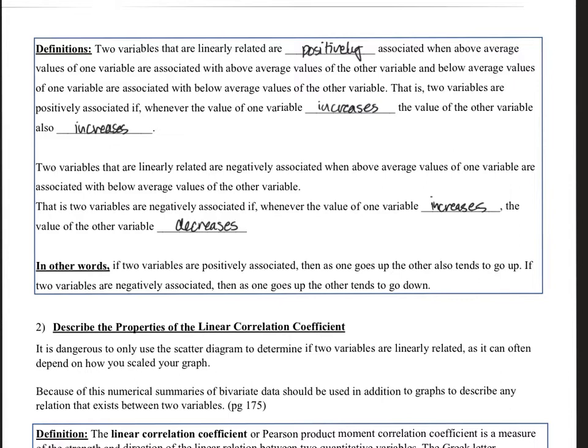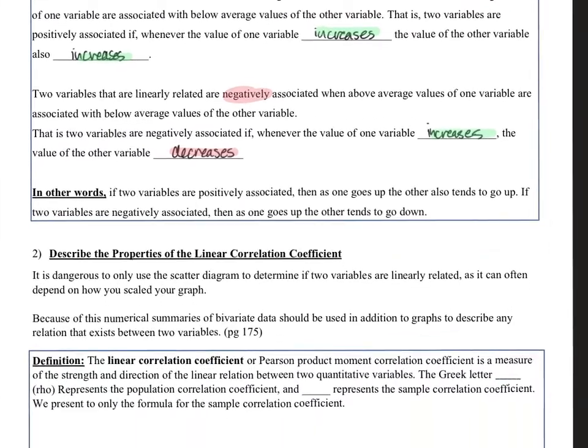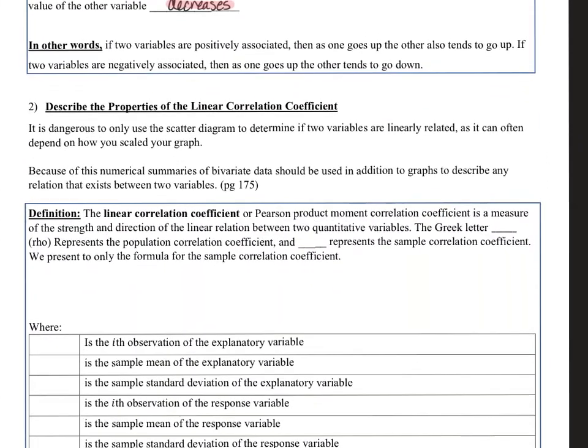Okay, so for positive, everything is increasing. For negative, one increases, the other value decreases. In other words, if two variables are positively associated, then as one goes up, the other also tends to go up. If two variables are negatively associated, then as one goes up, the other tends to go down.